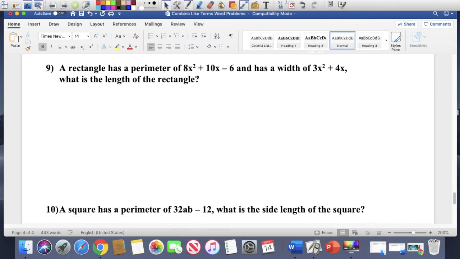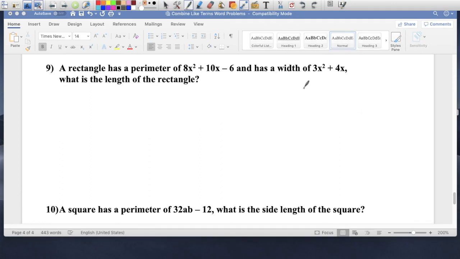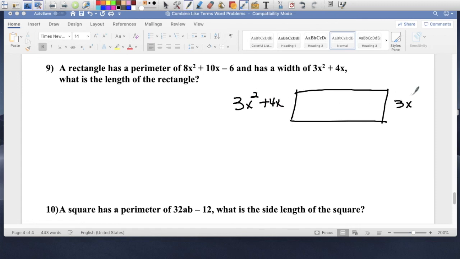Same thing. So we have a rectangle. And this is 3x squared plus 4x. This is 3x squared plus 4x. I want to know what this is, and I want to know what that is. So we get the total. I'm going to subtract this guy.